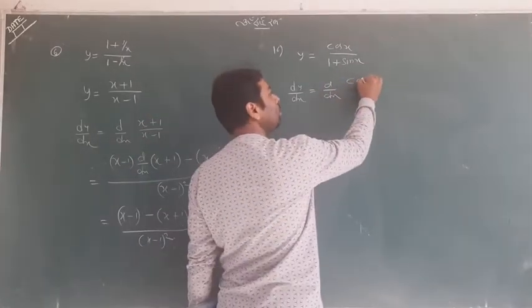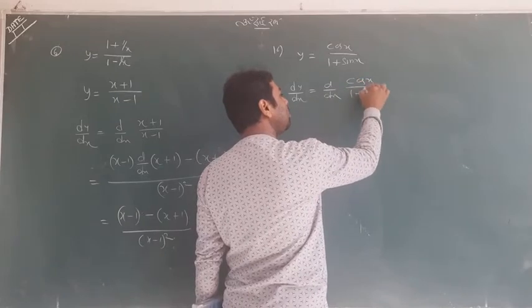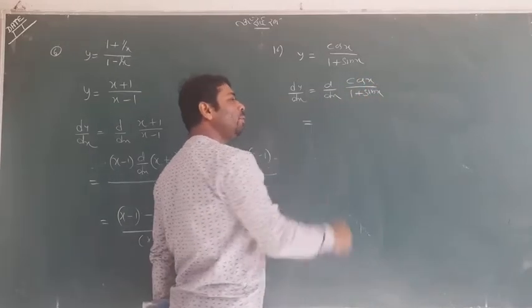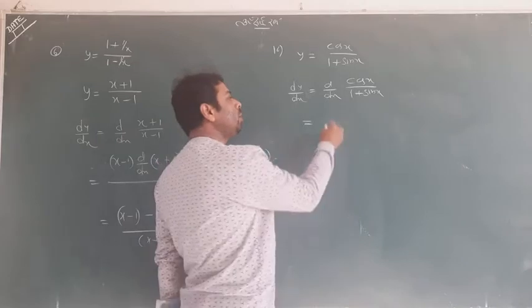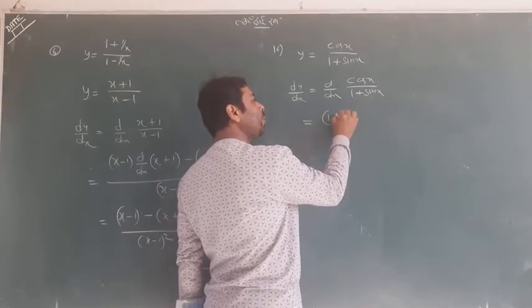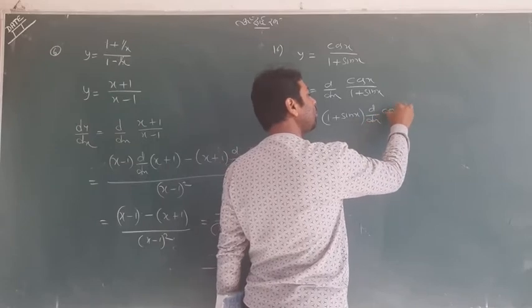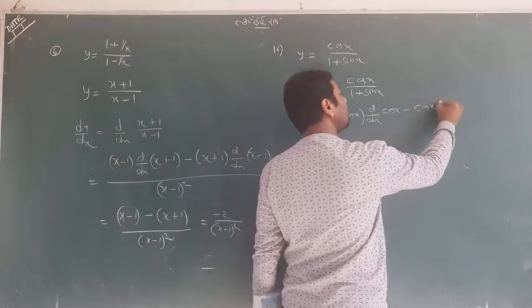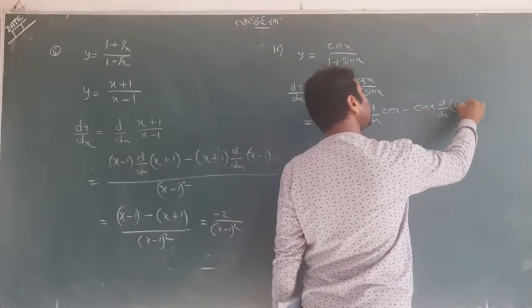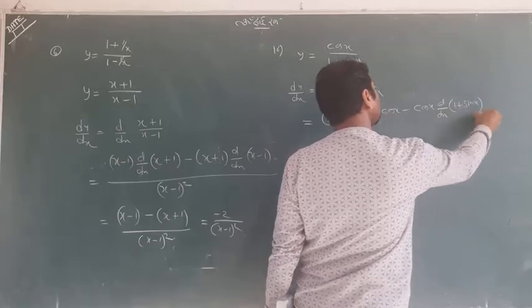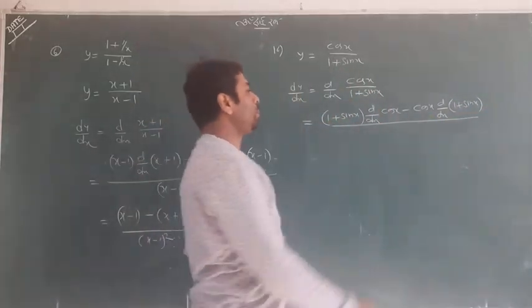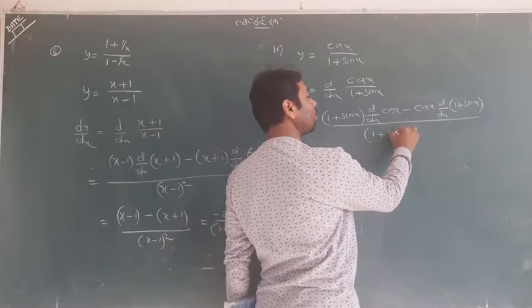Without it, I will write directly my term and I will use a division law. What is a division law? It's a binomial, so that I will use a bracket. Denominator, d by dx of cos x, minus cos x, d by dx of (1 plus sin x), upon (1 plus sin x) whole square.